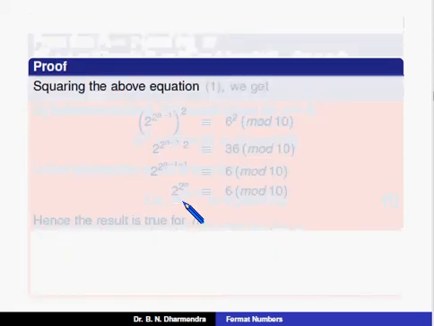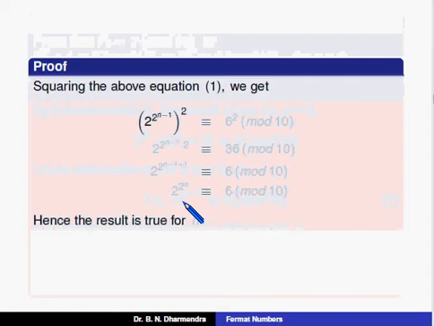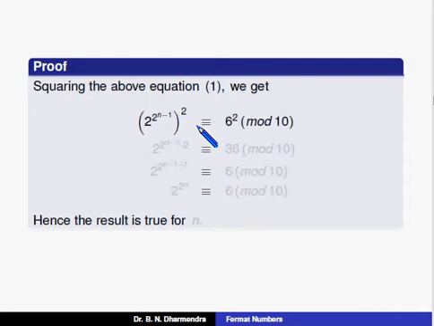So we have to observe equation 1, taking the square on both sides of this congruence. It can be rewritten as 2 to the power of 2 to the power of n minus 1, whole squared, is congruent to 6 squared modulo 10. After taking the square, it can be written as 2 to the power of 2 to the power of n minus 1 into 2, where the power is multiplied by 2, is congruent to, what is the value of 6 squared?